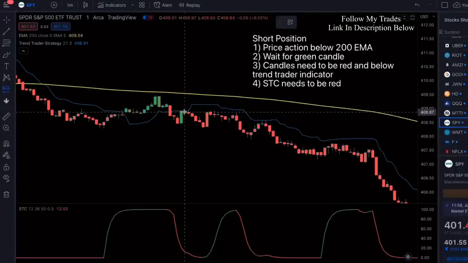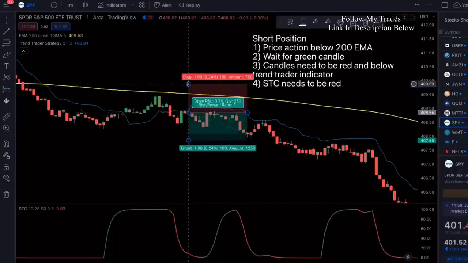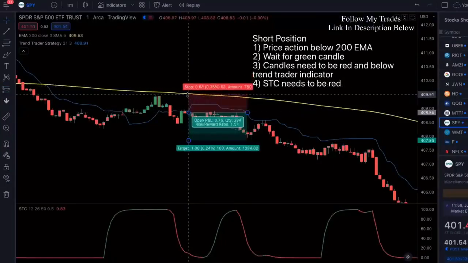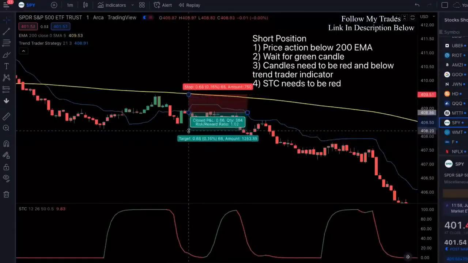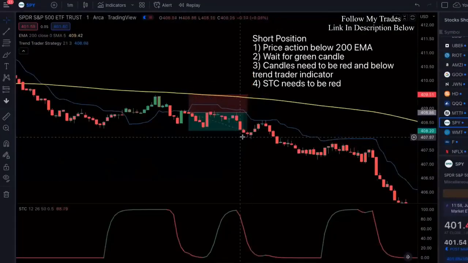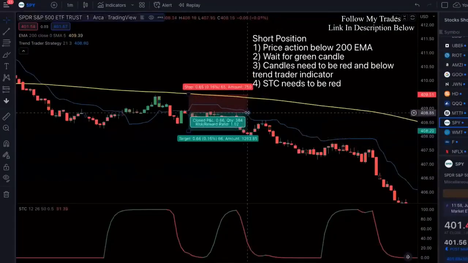So if this was your trigger candle, you get in on this trade, you're still doing the stop loss right above the last swing high, which was right there. And you do a 1-to-1, you still hit your take profit right there.